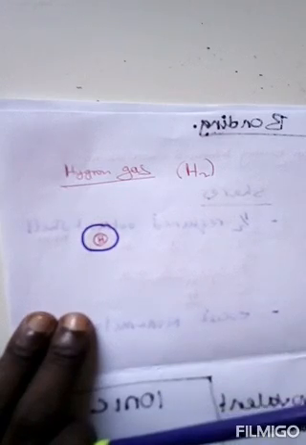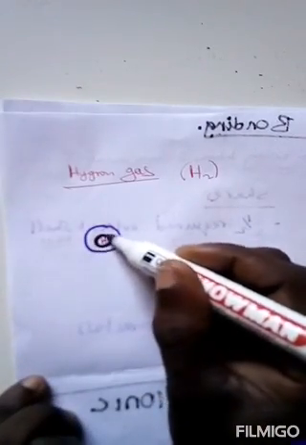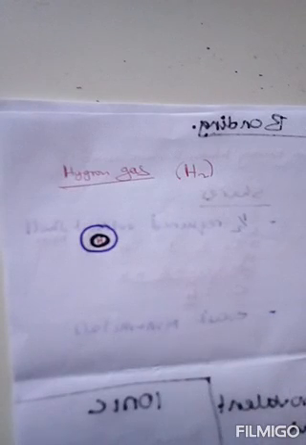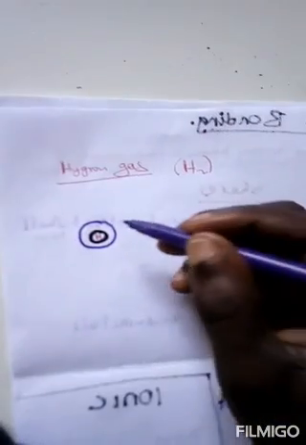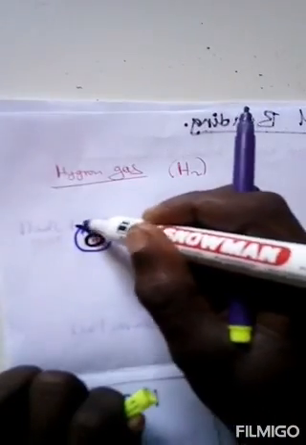Let me represent the hydrogen nucleus in red. So we have a shell like this. This shell contains one electron. Let me represent it in black. One electron. Then we also have another, so this is our hydrogen atom.